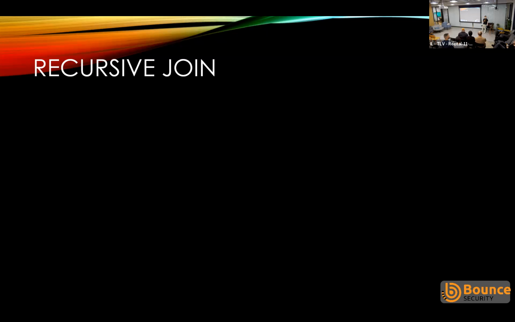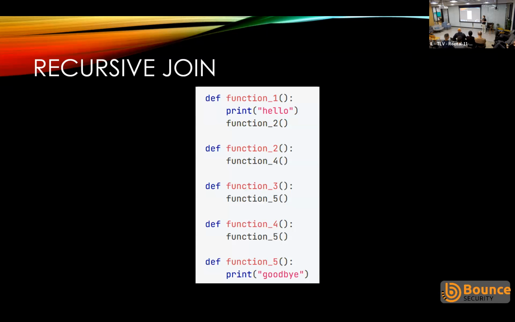Okay, so when do we usually encounter the need to use this join mode? When we have functions that call other functions. So for example, if we have this function 1 that calls function 2, and function 2 calls function 4 calls function 5, etc. So we want to know that if we call function 1, we're basically calling in the end function 5.